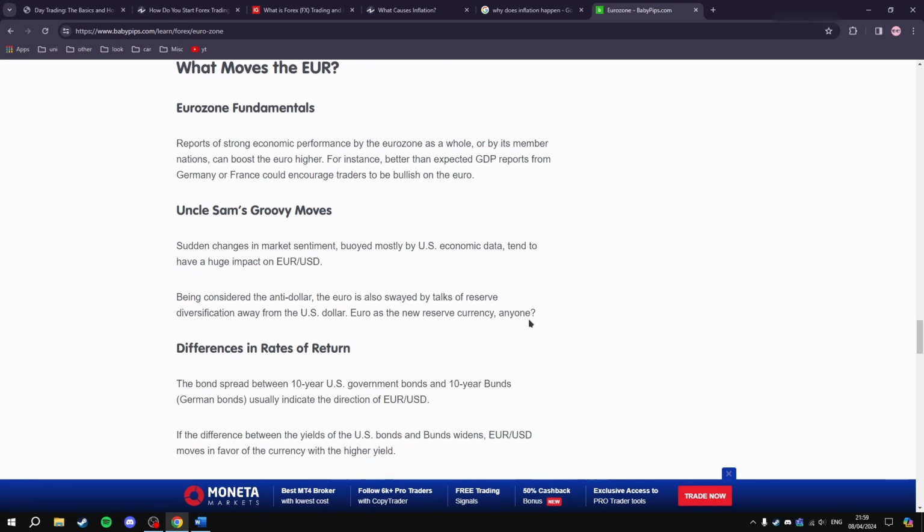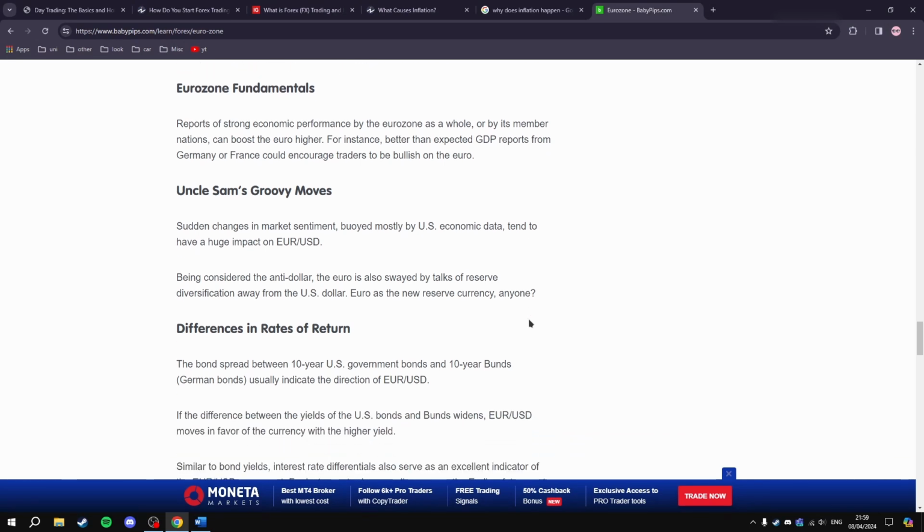What moves the EUR? Eurozone fundamentals. Reports of strong economic performance by the Eurozone as a whole, or by its member nations, can boost the euro higher.